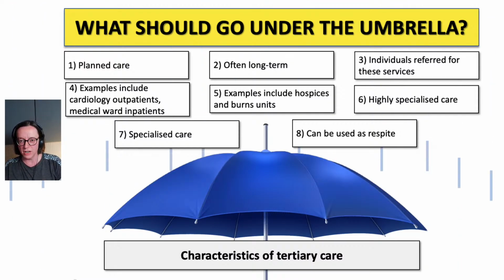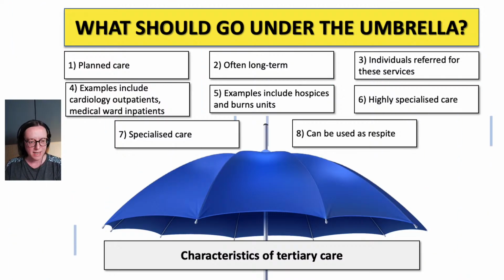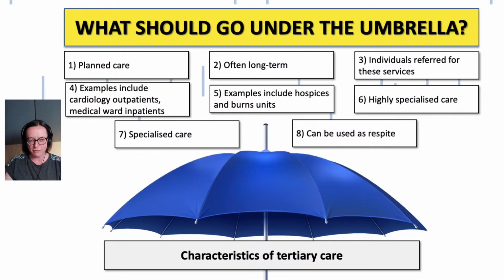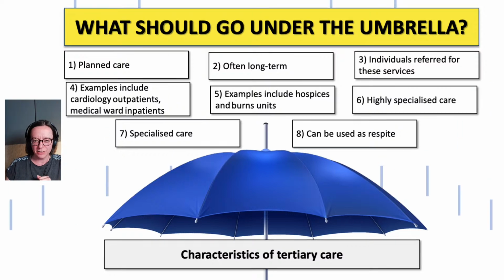So referrals, highly specialised and can be used as respite. Name says 4, 5, 6 and 8. So cardiology outpatients, hospices and burns. 6, highly specialised care, and 8 can be used as respite. I think neither of you are quite right. Let's have a look.